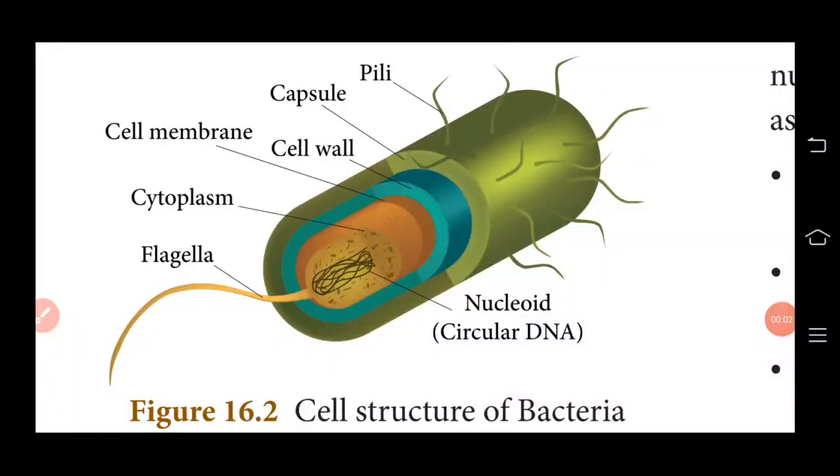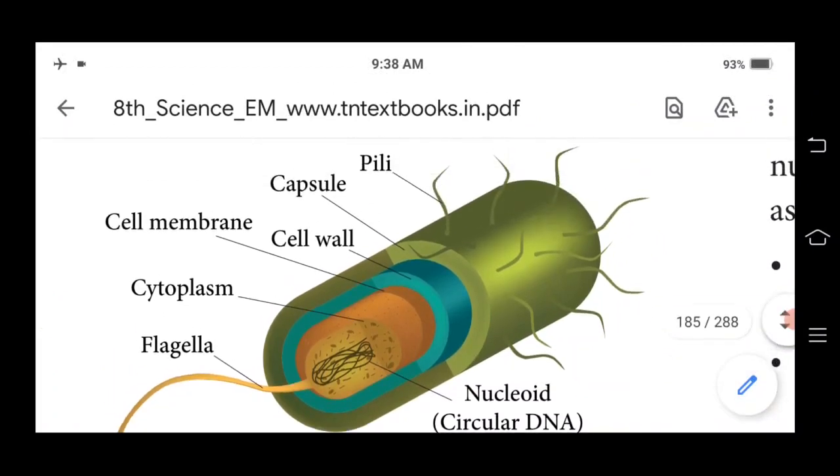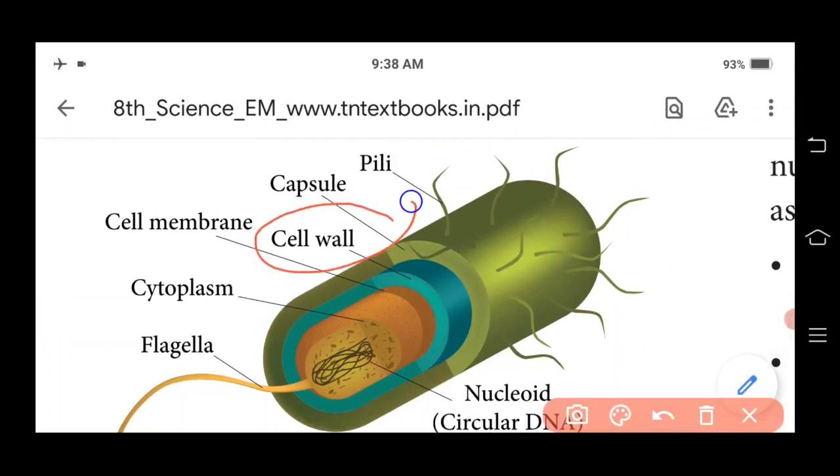Students, this is the cell structure of bacteria. A bacterium has an outer covering known as the cell wall. So this is the outer covering, known as the cell wall. And then the nuclear region is represented by the nucleoid.